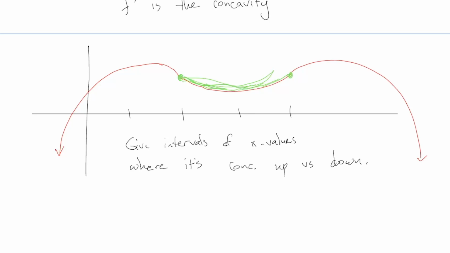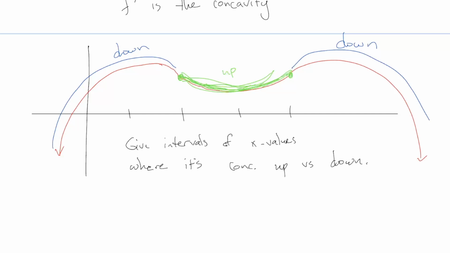In this region, it has the smiley, concave up shape. Further to the right, it switches to the frowny shape, so this part here is down. Similarly, on the left side, that's the frowny shape, so this is also down. This is how you would identify these regions on the picture.